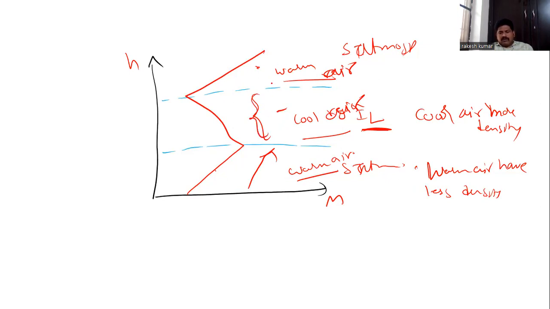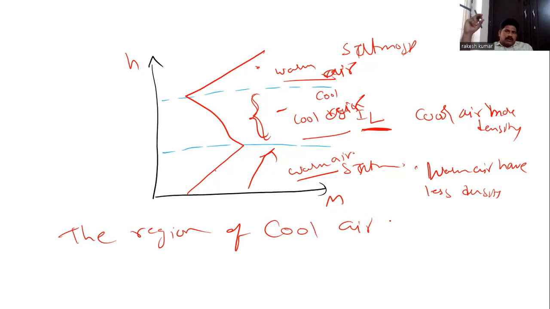So the region of cool air behaves like a duct for radio waves.